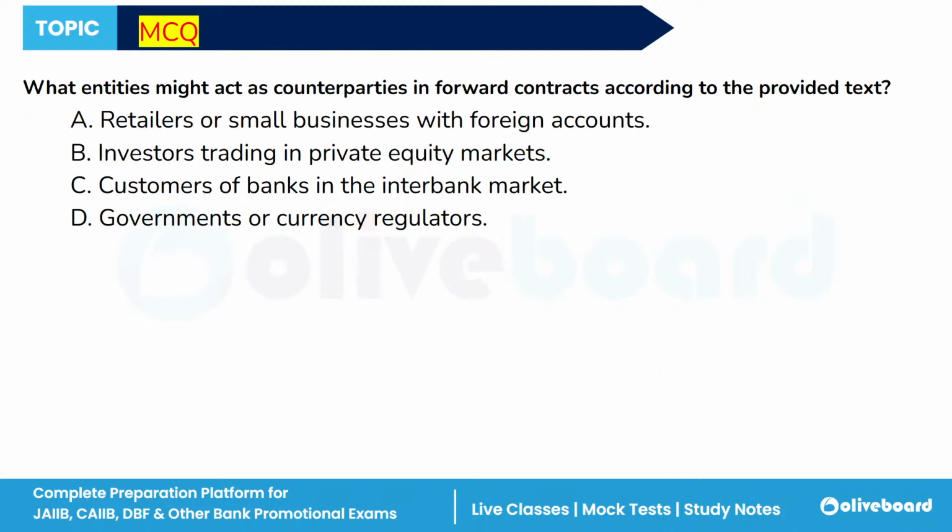Second question: what entities might act as counterparties in the forward contract according to the provided question? Basically, here we can say option C is correct, because the customers of banks and the interbank market act as counterparties in the forward contracts.